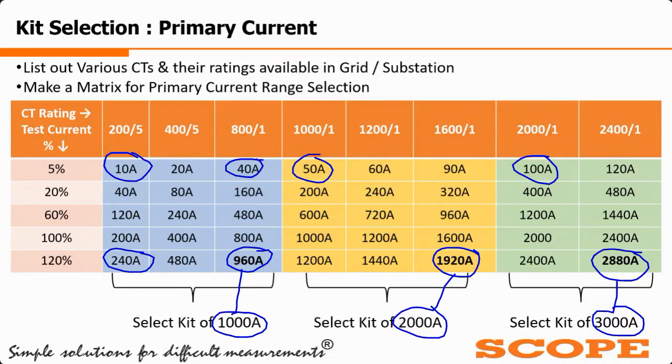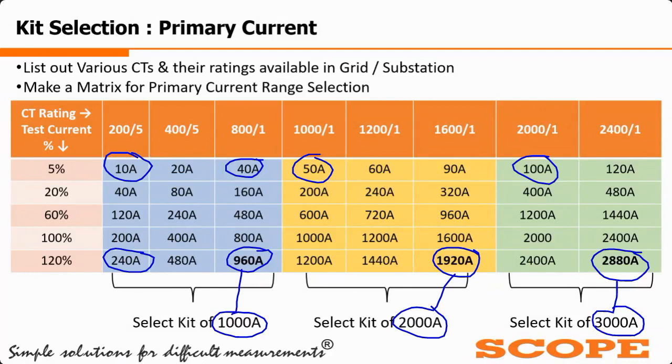In the first three columns, 10 ampere to 960 ampere, if our CT rating is in the range of 100 ampere to 800 ampere, then the maximum current we require during testing of the current transformer is 960 ampere. In that case, you have to select a 1000 ampere primary current injection test kit.